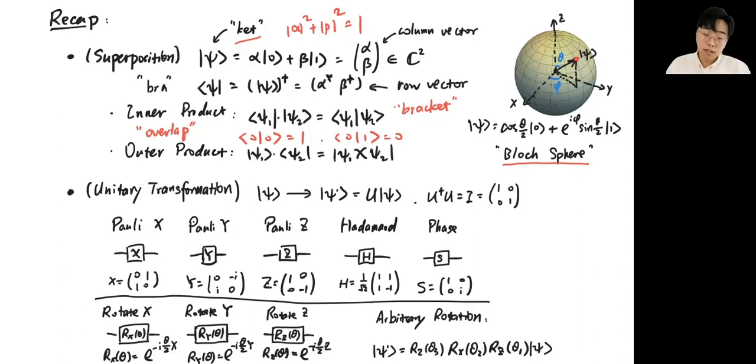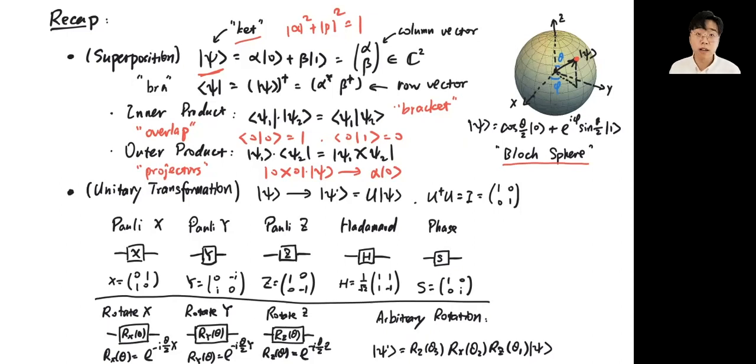Now, this is typically used in the context of projectors or operators, simply because if you multiply the outer product of the |0> state on our original quantum state psi, you're going to be left with only the 0 component of the quantum state. In some sense, projecting the quantum state to the 0 basis. We will make it more rigorous in the next few slides.